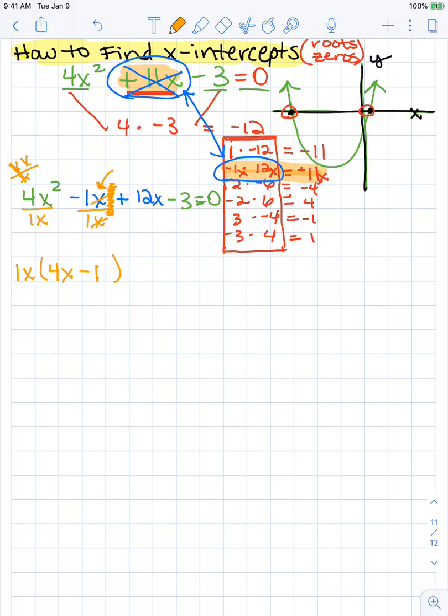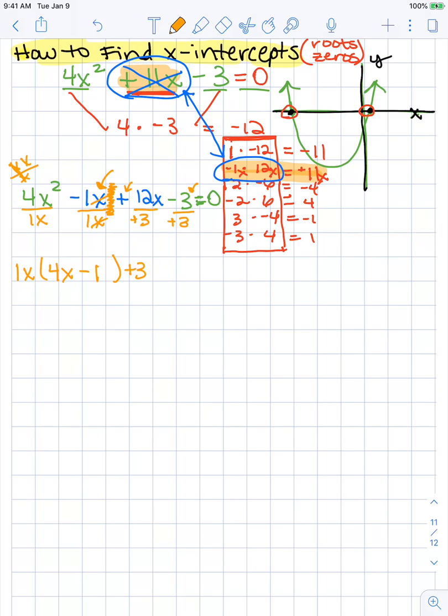Then I'm going to go to my second group and see what divides out of both of those terms. And the biggest number that can divide into 12 and 3 is 3. And I'm going to use this sign so I know I'm really dividing out a positive 3. And then the least amount of x's is right here.